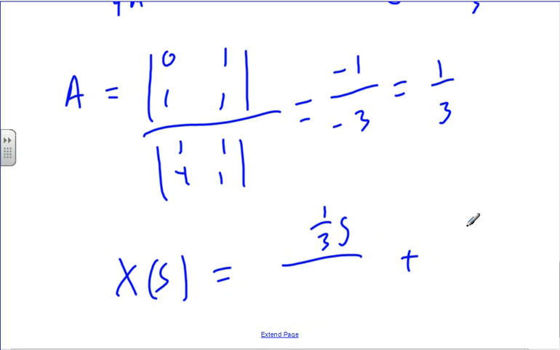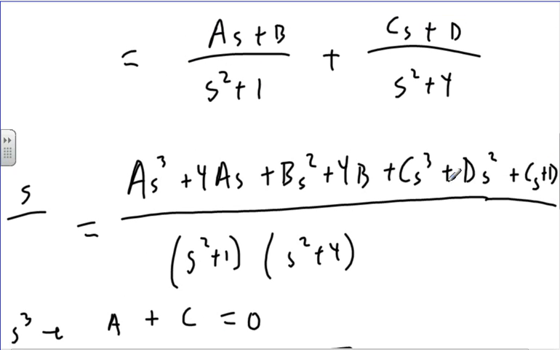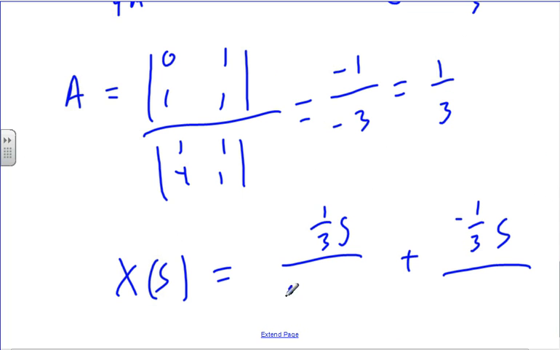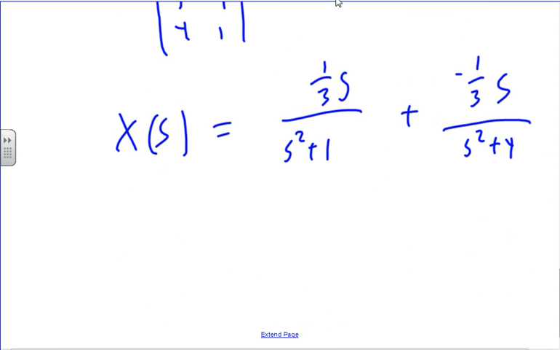All right, so x of s becomes 1/3 s, because the a term had an s on it, minus 1/3 s, because the c term had an s on it right there, A and c are both s's, all divided by s squared plus 1, s squared plus 4. Okay, now I'm going to take the inverse Laplace transform of both sides of the equation.